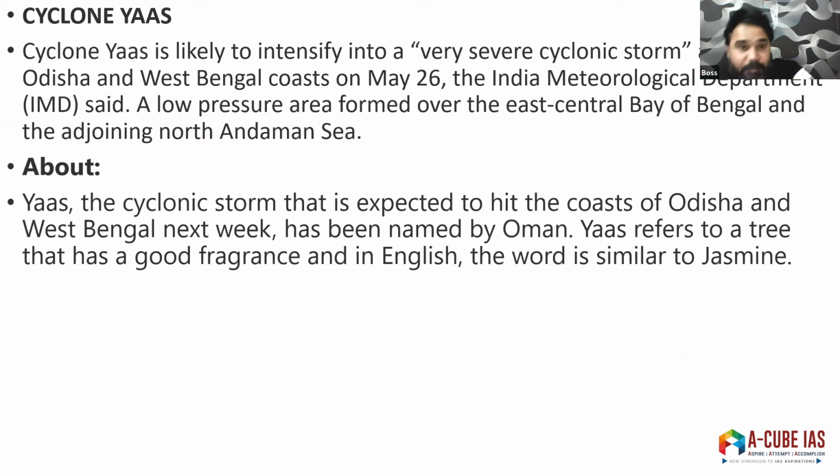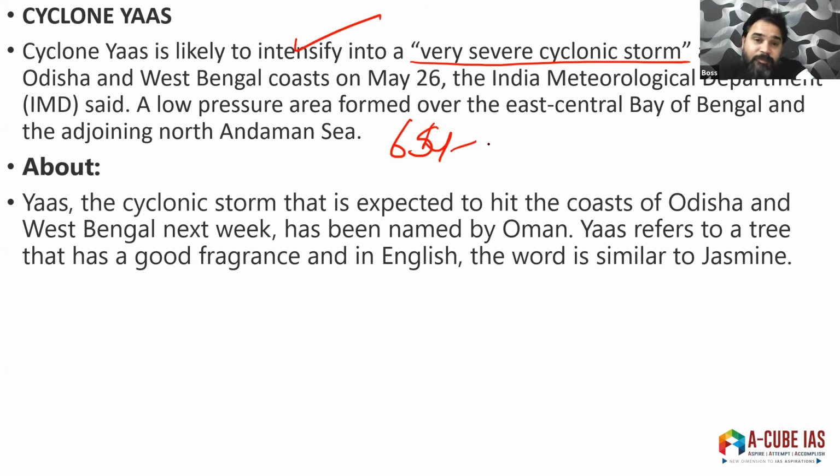Now first of all, the classification that I'm talking about, it has been classified with reference to its intensity into a very severe cyclonic storm. Remember, very severe, the condition was what? From 64 to how much?